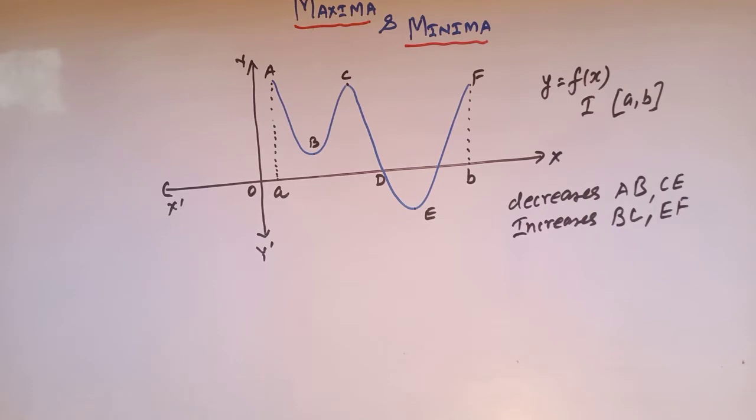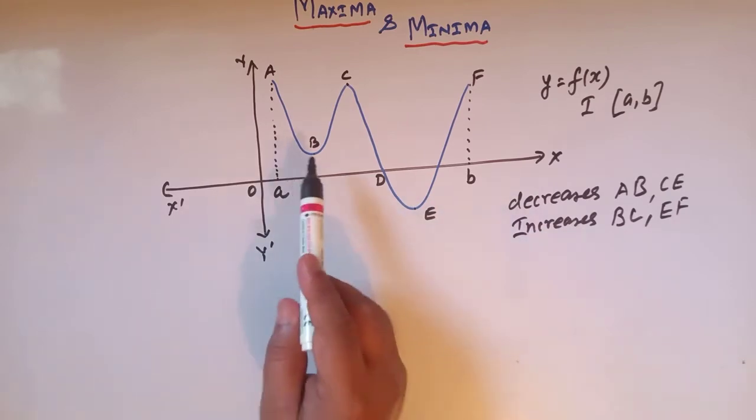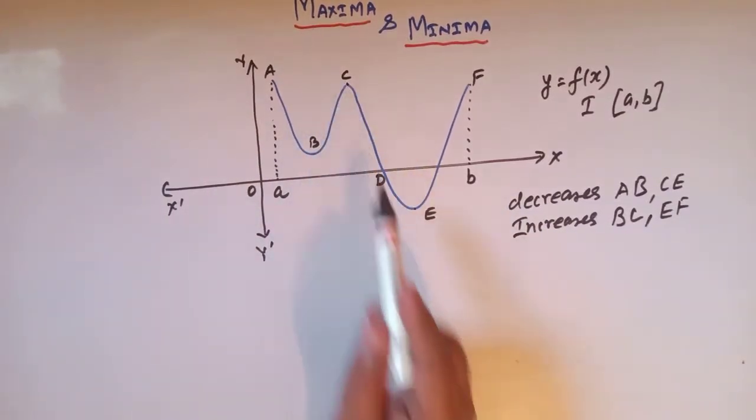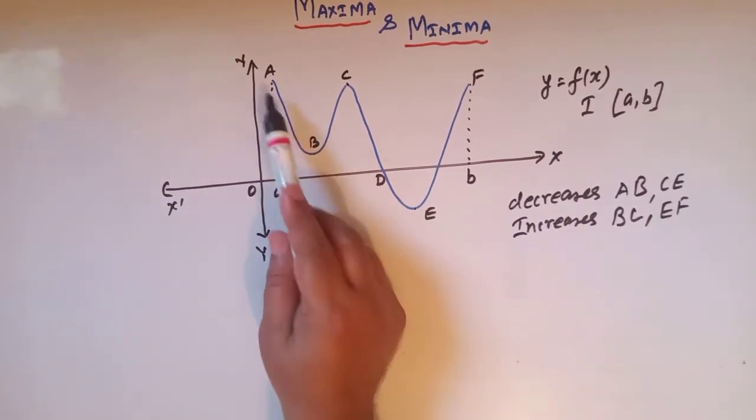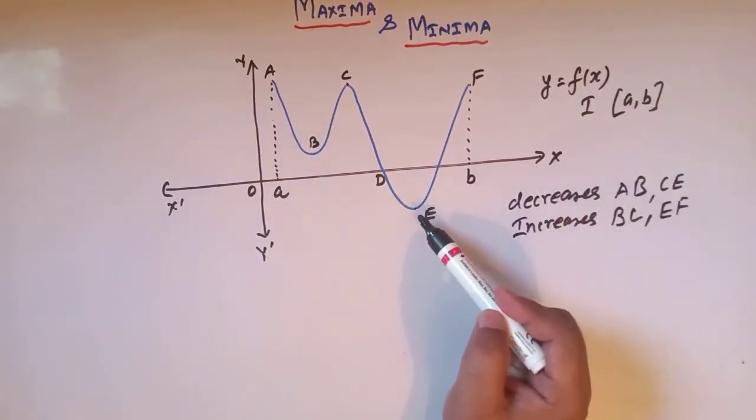So we'll analyze this graph and observe certain things from it. The first thing is we have a graph of y equal to f(x), defined in the interval [a, b], and this graph increases in the parts BC and EF, and it decreases in AB and CE.